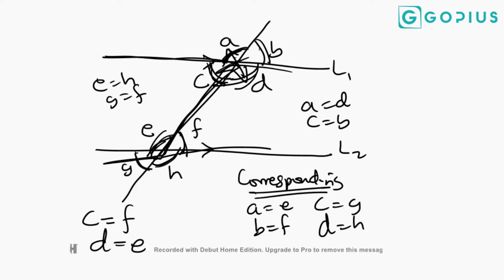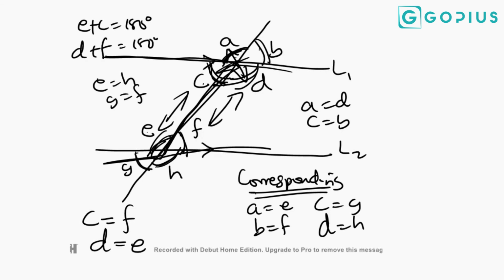Okay, now the theorem is that interior opposite angles are supplementary. So you have E and C, these two are opposite each other. Look at it, these two are opposite and both of them are interior. So in mathematics we have that E plus C is equal to 180 degrees. And also on the right hand side, you can see these two, F and D. Now D plus F is also equal to 180.